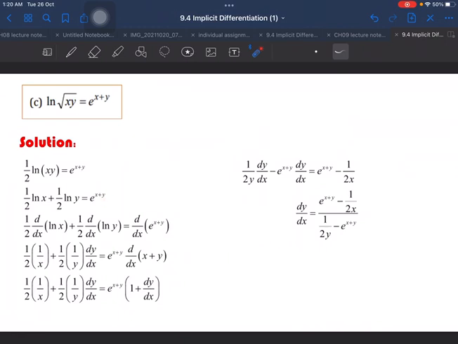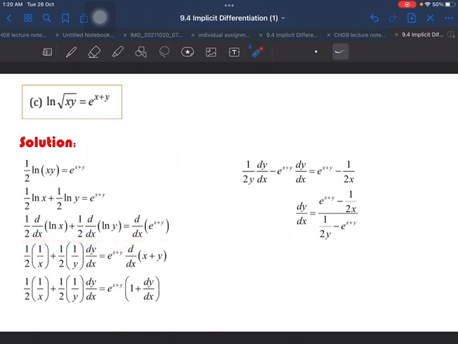And then we take d over dx on both sides. We get 1 over 2 d over dx of ln x plus 1 over 2 d over dx of ln y equal d over dx of e to the power of x plus y.